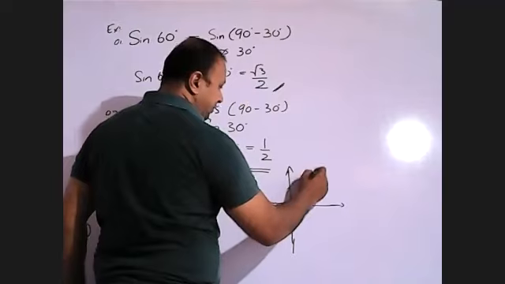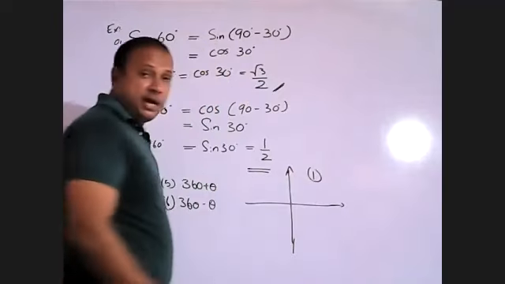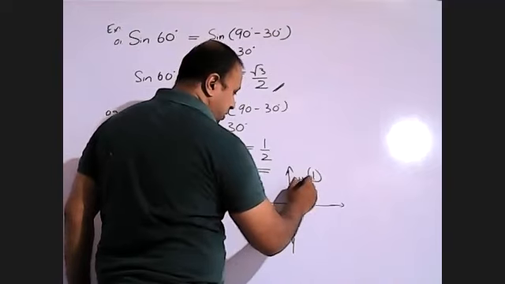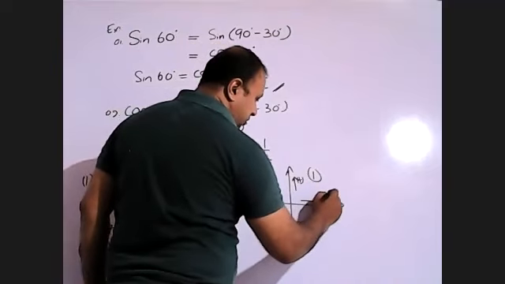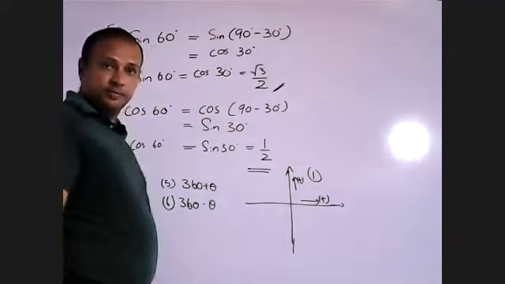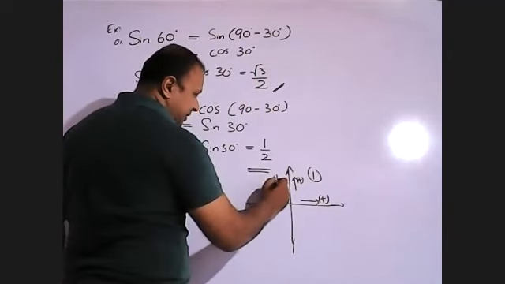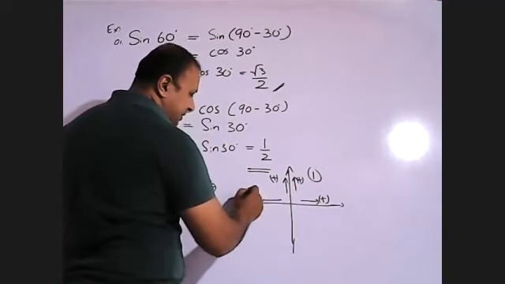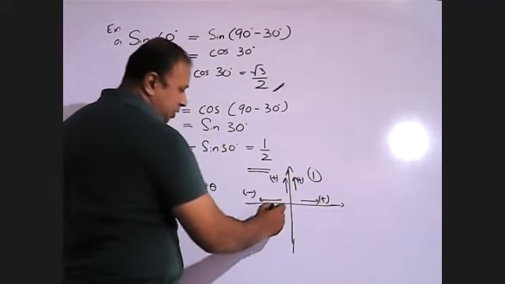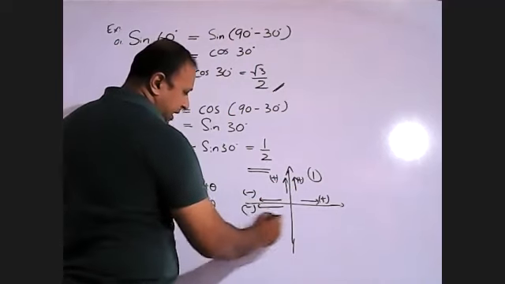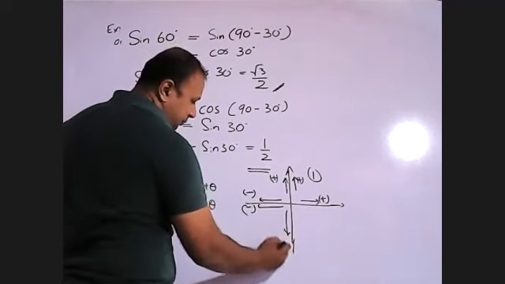this is the first quadrant. In the first quadrant, x is positive and y is positive. Then in the second quadrant, you can see y is positive, but x is negative. In the third quadrant, x is negative and y is also negative.